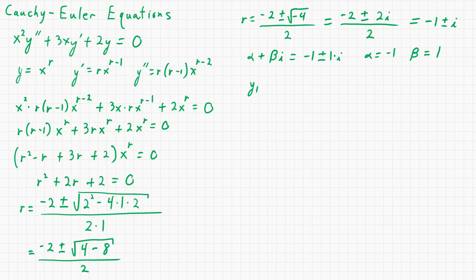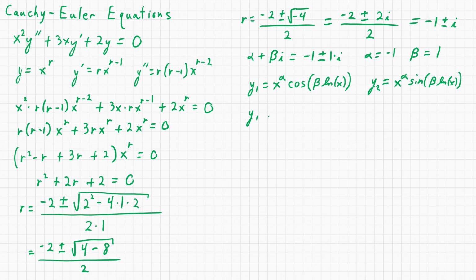In this complex root case, the solutions end up being y1 equals x to the alpha times cosine of beta times the natural log of x, and the second solution, y2, is equal to x to the alpha times sine of beta times the natural log of x. Which is a whole lot simpler than if we had just done two complex powers.